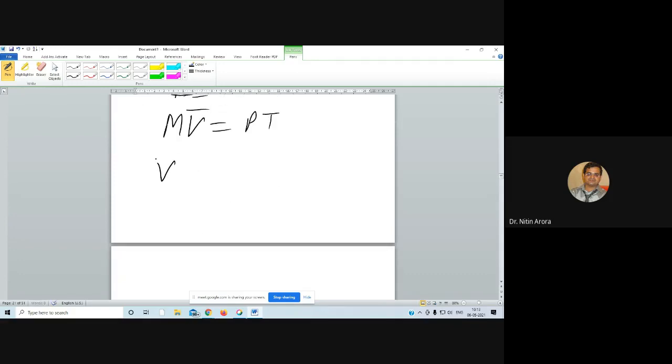Now can I write it as V bar dm upon dt is equal to, by the u into v formula, T dp upon dt. T is the number of transactions, small t is the indicator of time. Plus P dT upon dt.